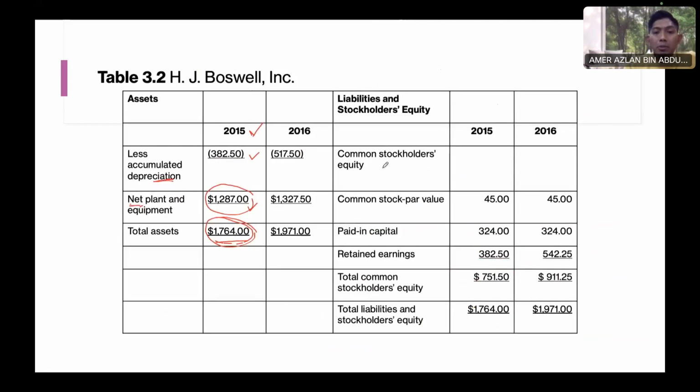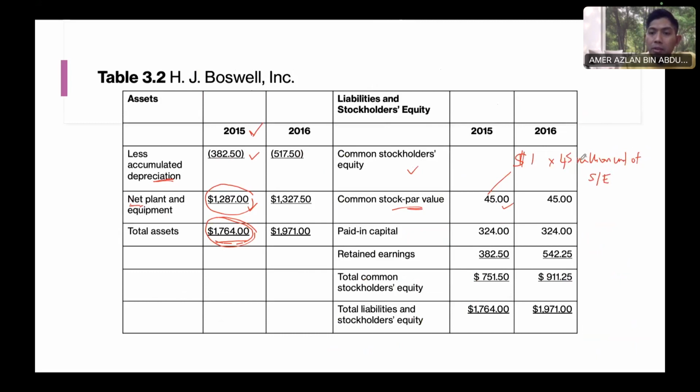And the company also finances the assets through the stockholders' equity, or the money invested from the stockholders. You have the common stock par value worth around $45 million. For this company, the par value is $1 times 45 million units of shares.